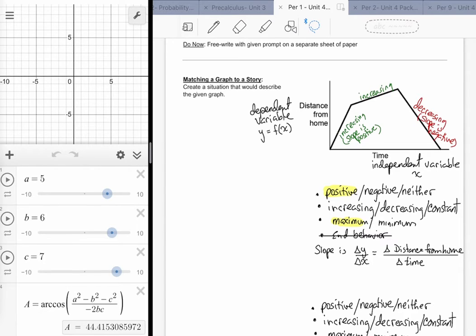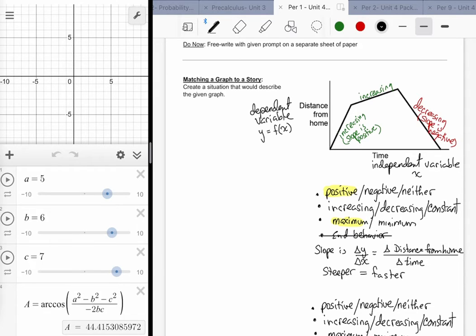All right. So all of that information has to get into the discussion. Also, you have two different intervals over which the function is increasing. They're not increasing at the same rate. You start to think, okay, which one's going to be faster, which one's going to be slower? Steeper corresponds to faster.